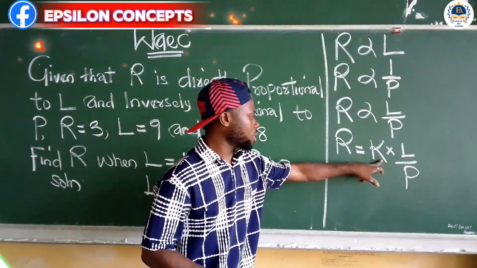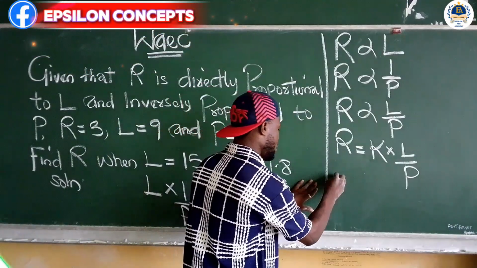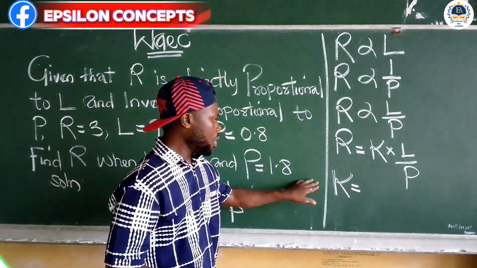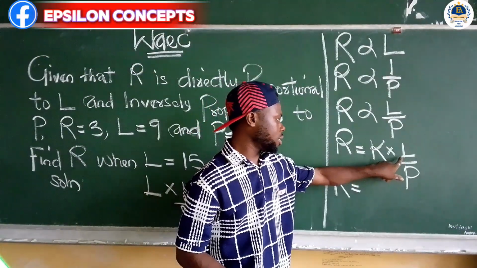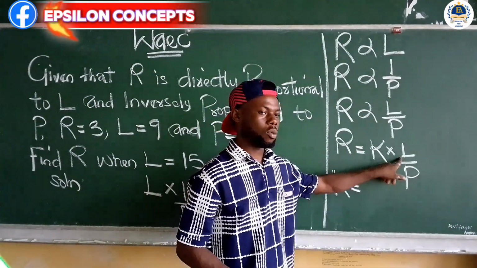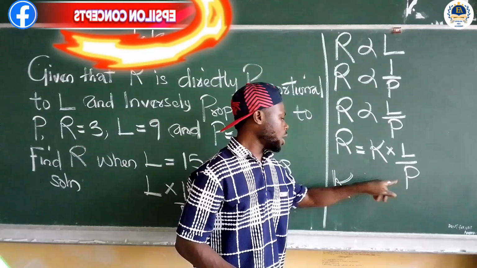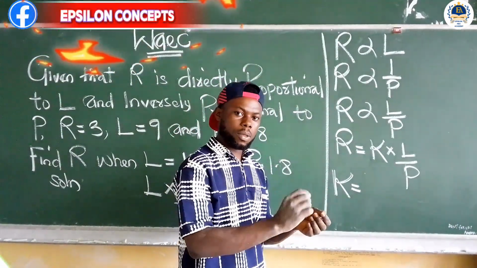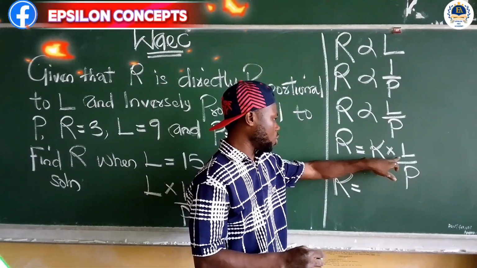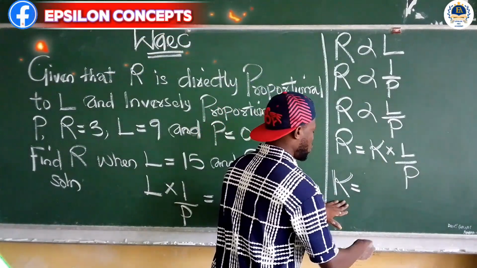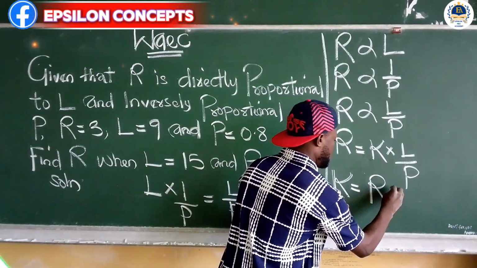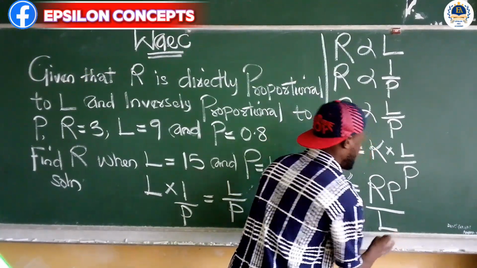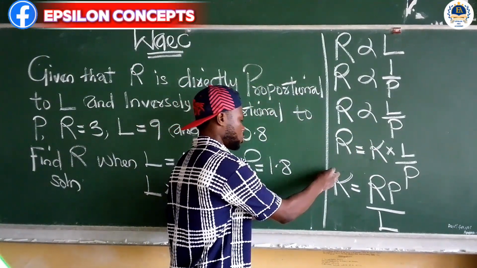If you multiply k by this, it will become kL over P. To make k the subject, you can do this in your rough sheet. Then k will equal R P divided by L. This is the relationship.